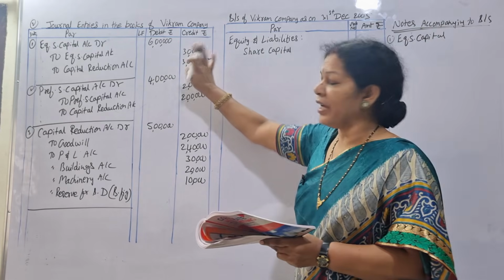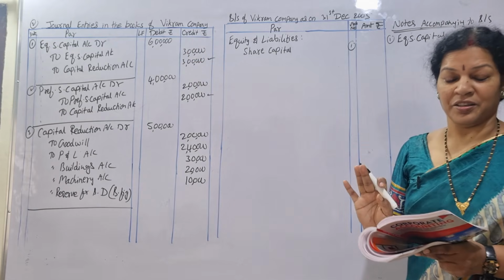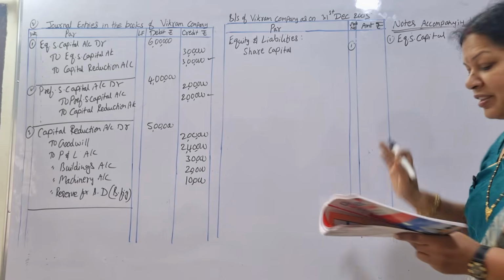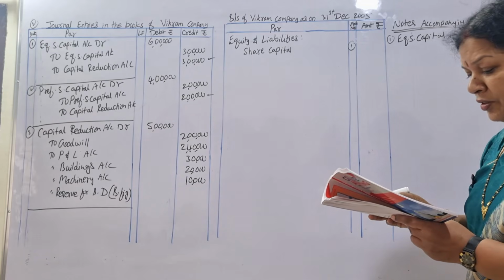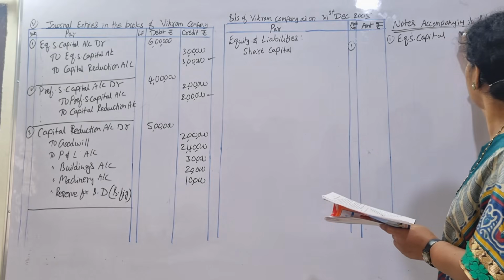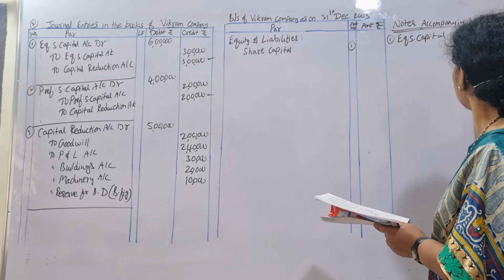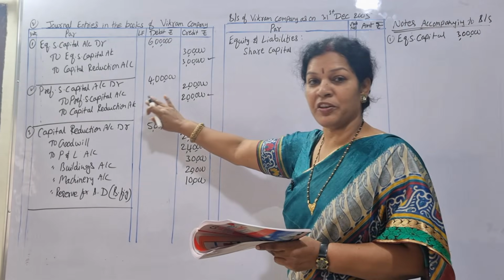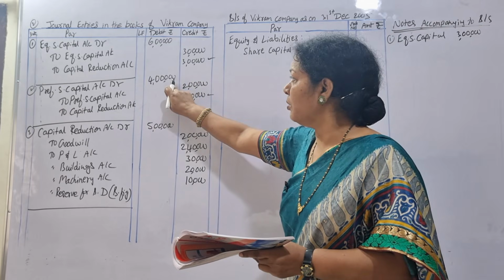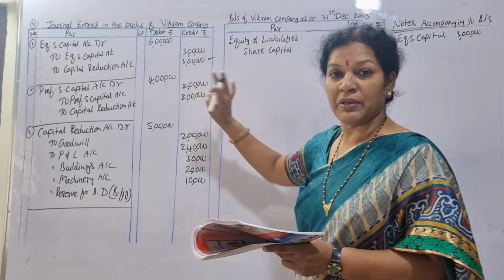Here 3 lakh we have already deducted. Now leftover is 3 lakh. 3 lakh only we'll take. So how much is there? Equity share capital is 3 lakh. In the same way, preference share capital. Out of 4 lakh, 2 lakh we have deducted.